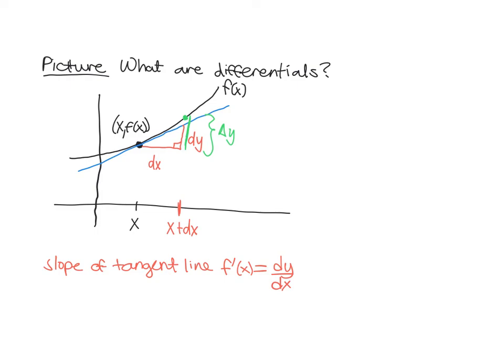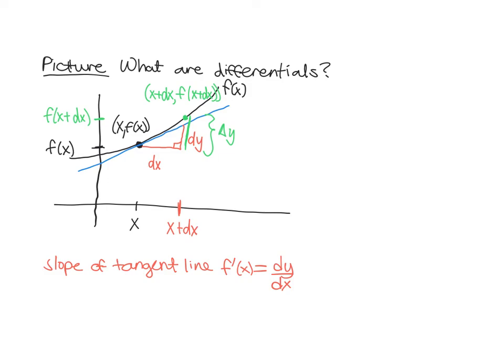Let's call this the green point. We can figure out what it is. It's x plus dx, comma, f of x plus dx. So that y value right here is f of x plus dx. And then the y value at the black point, the original point, is just f of x.